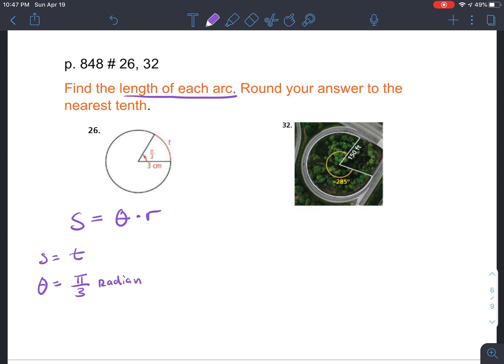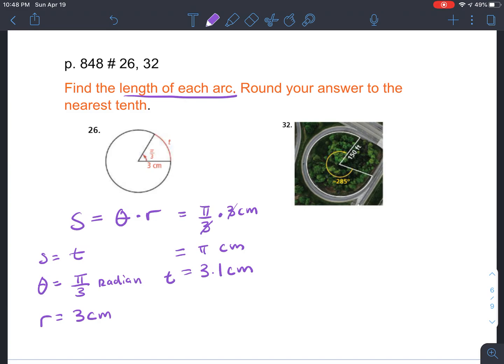Is this in radians? Yes, so I'm good. My R is equal to 3 centimeters. So I can directly plug into this formula pi over 3 times 3 centimeters. These 3's cancel. I get pi centimeters. Now we know pi centimeters needs to be converted to a decimal. 3.14 rounds to 3.1 centimeters. Okay, so T is equal to 3.1 centimeters.